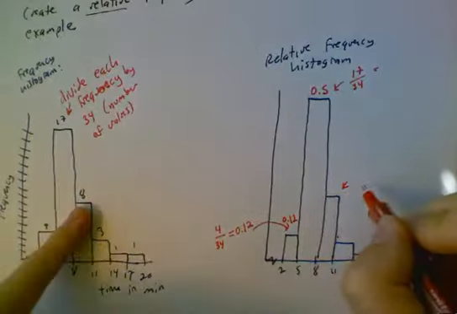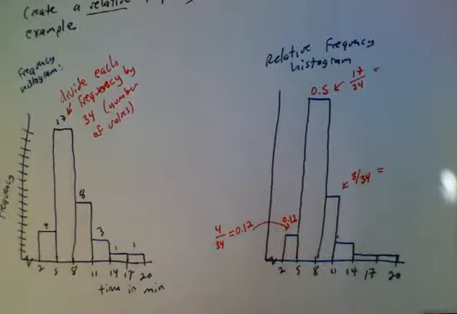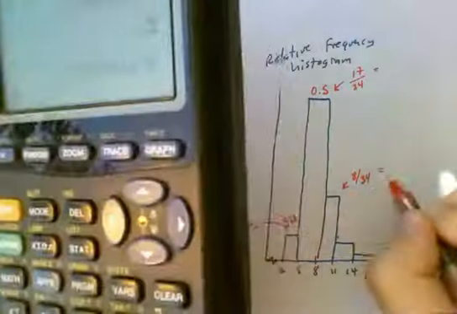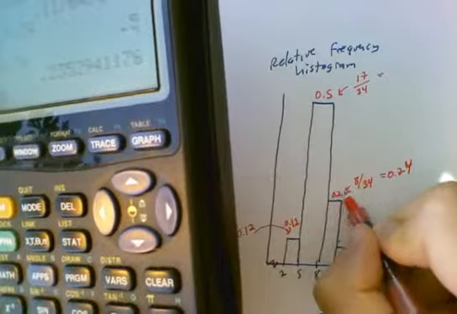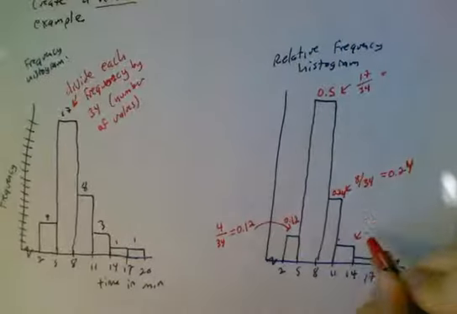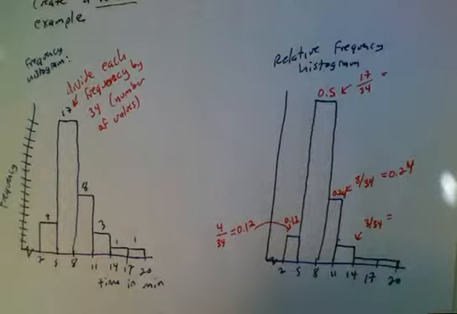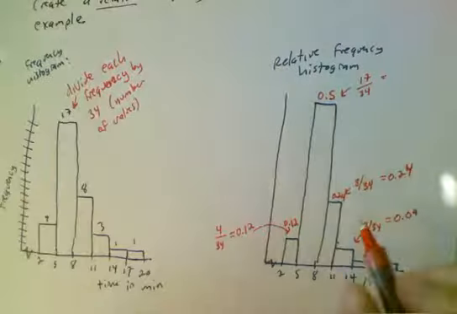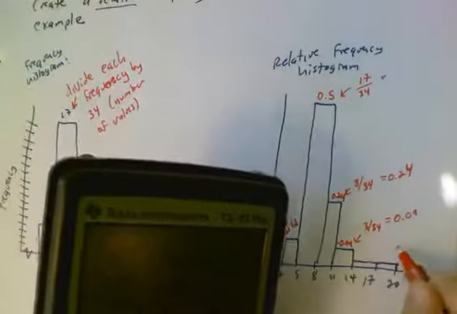This one was 8 divided by 34, and it rounds up to 0.24. Three divided by 34, 0.09. And then 1 divided by 34, 0.03.